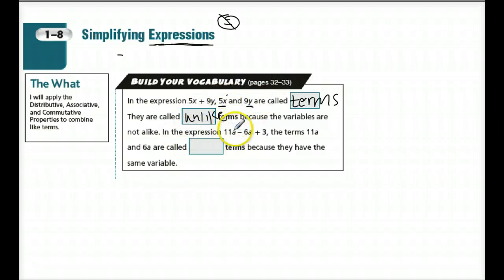In the expression 11a minus 6a plus 3, the terms 11a and 6a are called like terms because they have the same variable. So 11a has an a, 6a has an a. The only thing that's different is their coefficient, and I want you to add this to this.